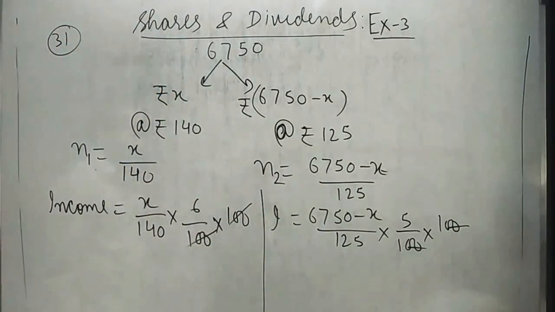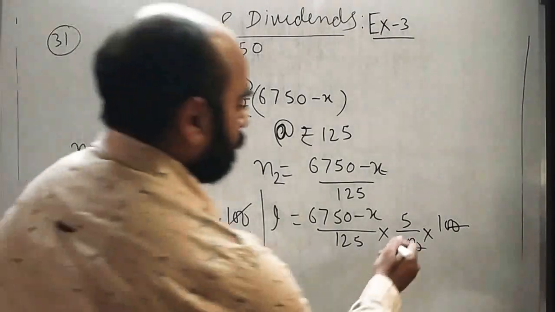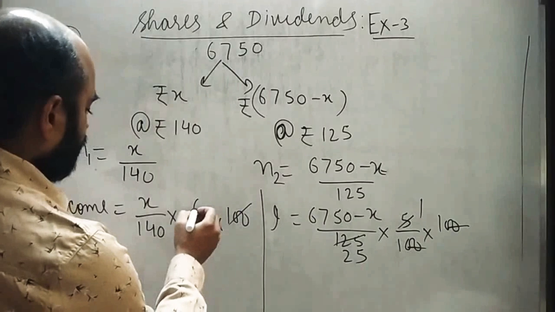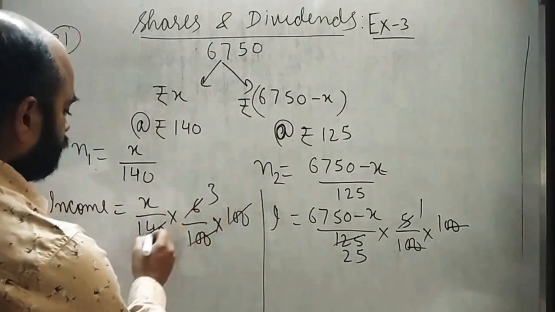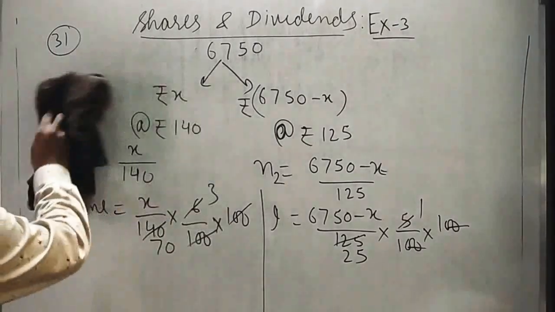100 cancel. Now we can simplify. So that will give 25 and that will give, clear? So finally what is coming?